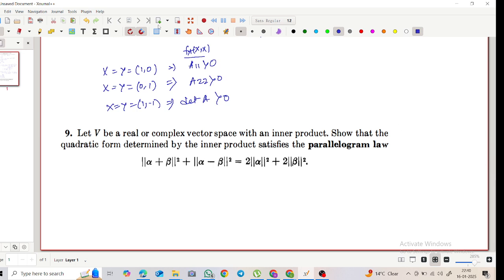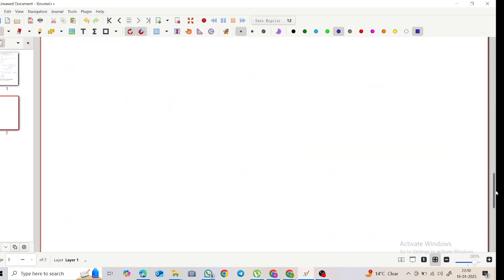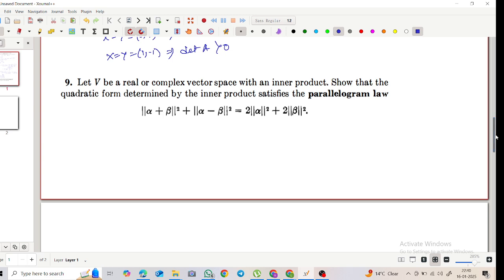So V be a real vector space so that the quadratic form determined by the inner product satisfies the parallelogram law.